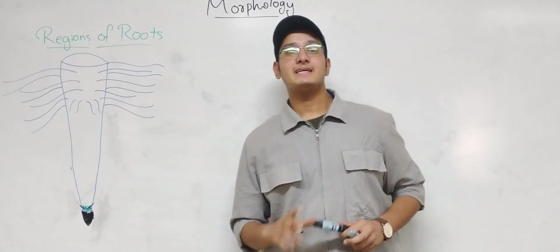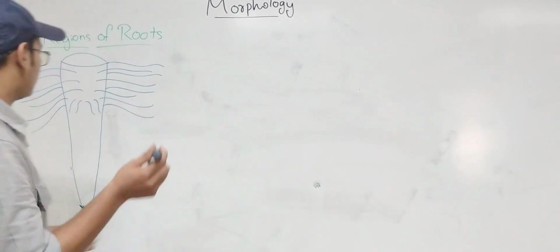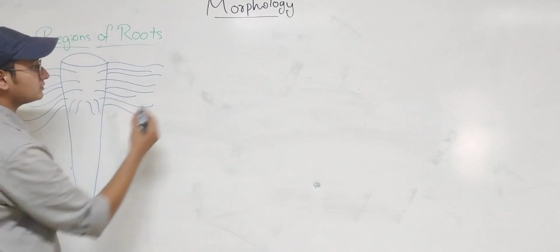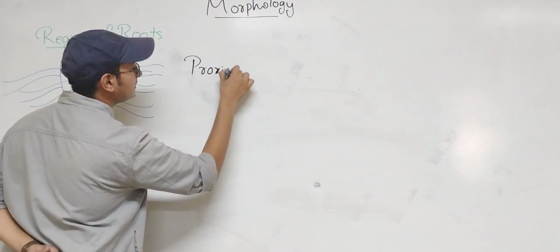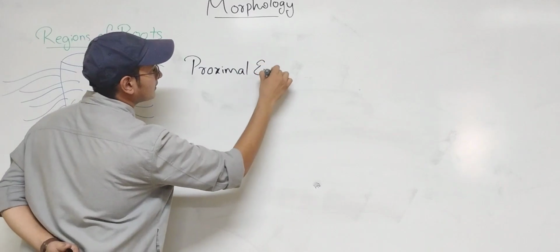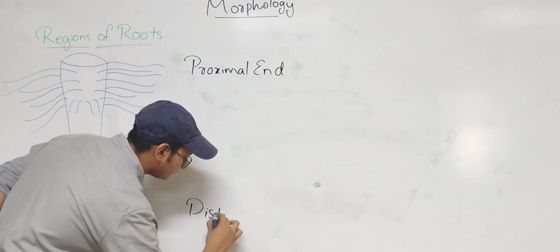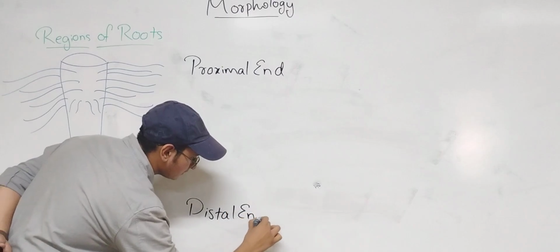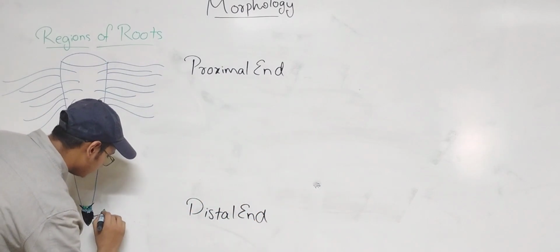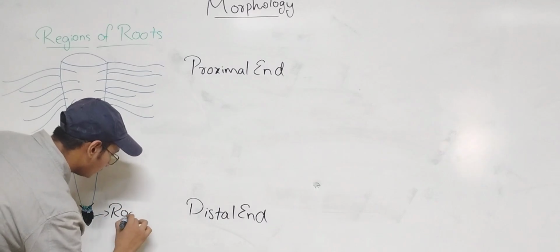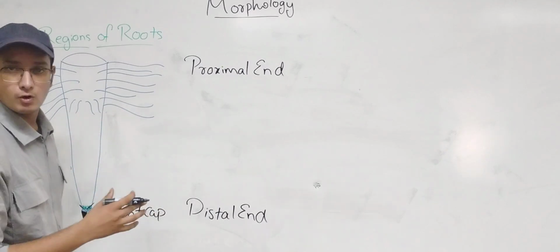So our next topic is regions of roots. There are four main regions of root, and before going into that we must know that this end is known as the proximal end and the bottom one is known as the distal end, right? The part present at the distal end is known as the root cap, present at the tip of the root.